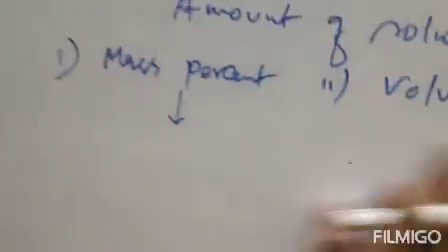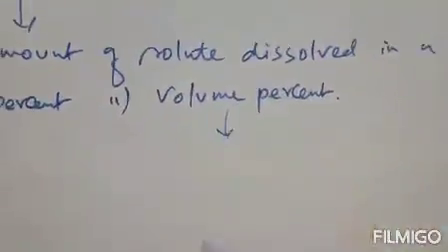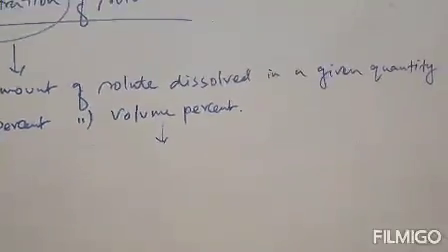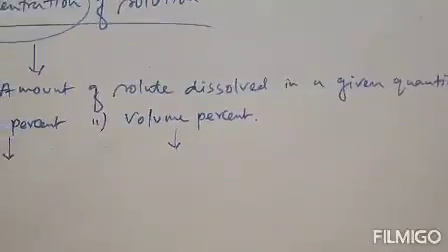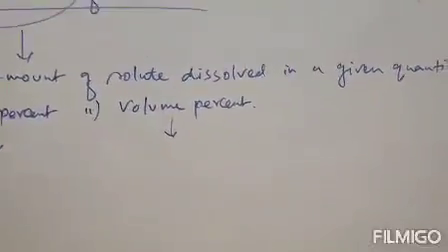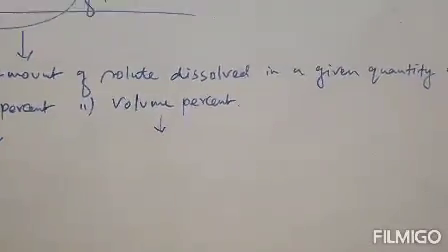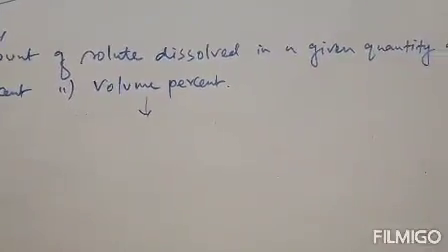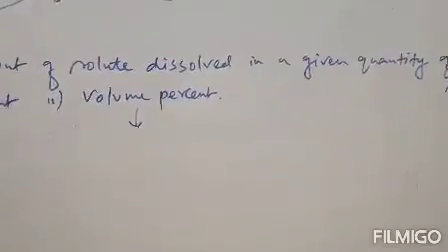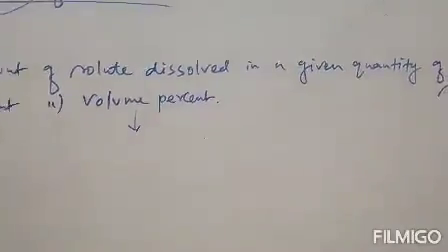Next category is volume percent. Here volume of solute is represented in milliliter. So volume percent is the volume of solute in milliliter present in 100 milliliter of a solution.